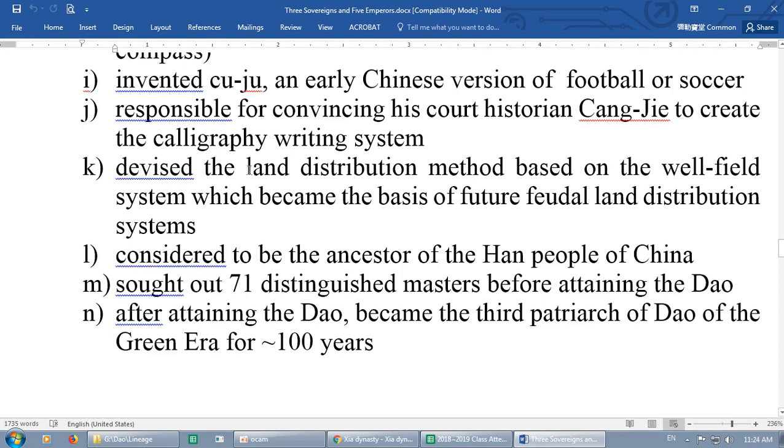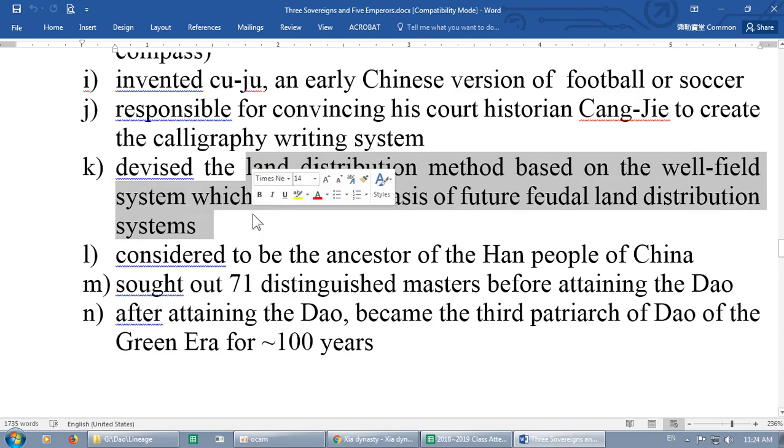He also devised the land distribution method based on the well-field system. It's called Jing Tian. The Chinese character for well is Jing, and Tian is a rice field. It basically represents, on a map, dividing up the land into nine squares.